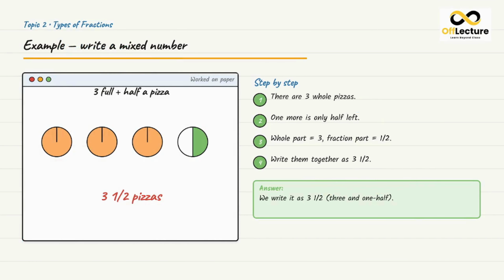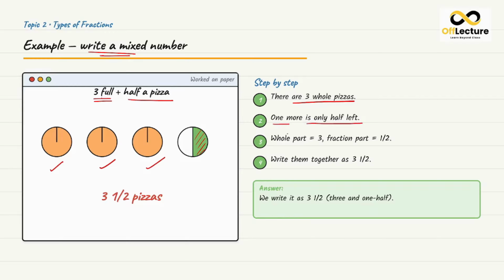Now let's do an example on it. We have to write a mixed number for 3 full pizzas plus half a pizza. So how will we do this? There are 3 whole pizzas, as we can see, and one more pizza in which only half is left, or half shaded.